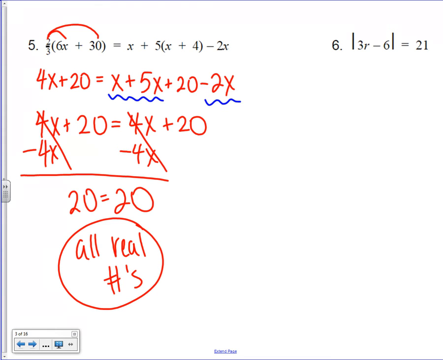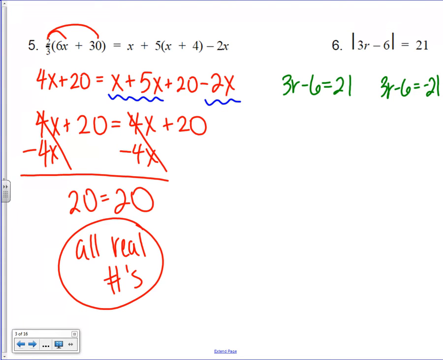Number 6, we get an absolute value equation. Remember, with the absolute value equation, you need to make sure there's nothing around the absolute value. In this case, there isn't. It's all by itself on the left side. So we're going to set up 2 versions. You'll set up the positive version and the negative version. Notice that what was inside the absolute value did not change at all.